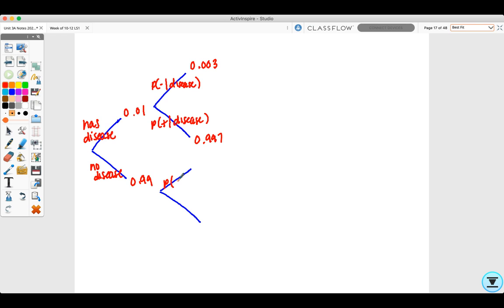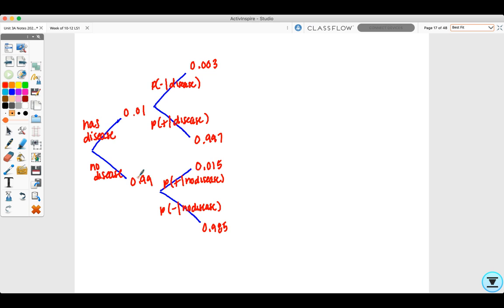The probability that it's positive given no disease is 0.015. And the probability that it's negative given that there's no disease is 0.985. So what we're going to do is we're going to go through and find all our conditional probabilities.